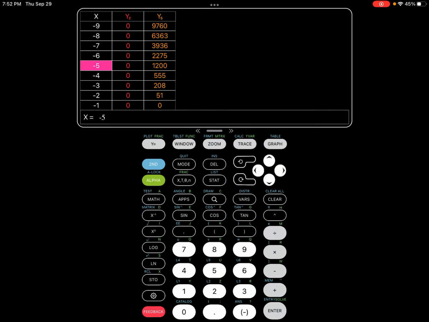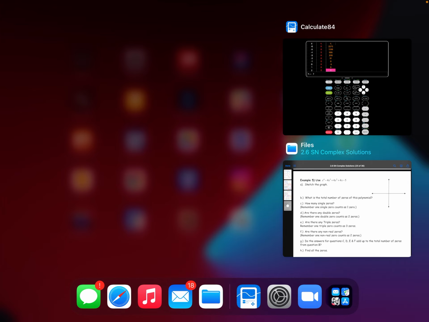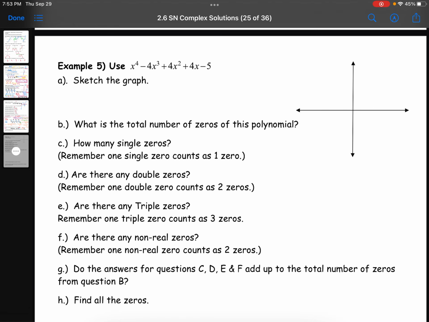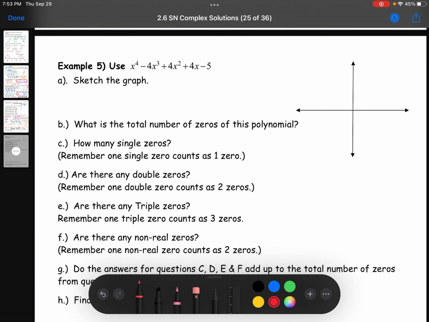So if we go to the table and see if we can find those roots, we have one of those roots at -1 because we have a 0 in that y column. We have another root at +1. Those are the 2 real roots that we see, a -1 and a +1.